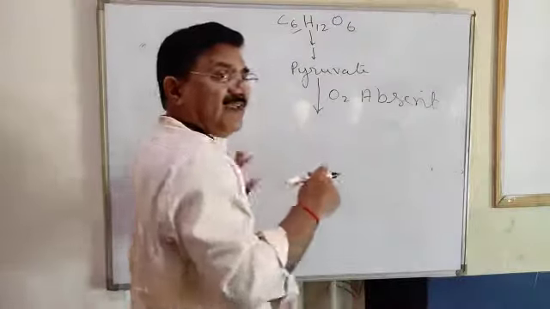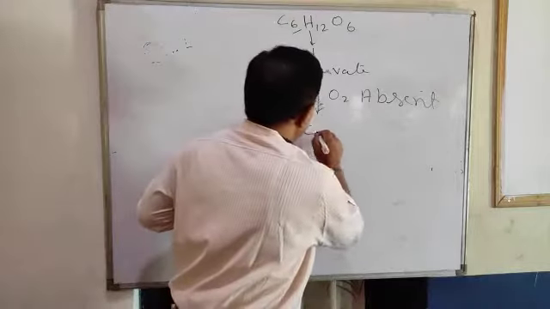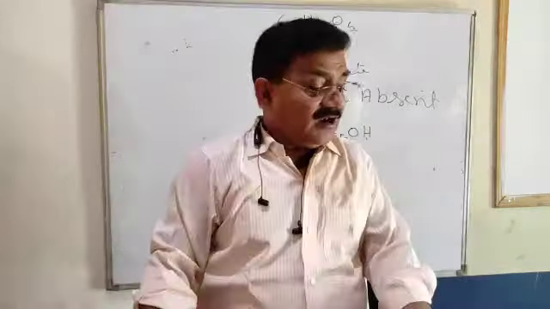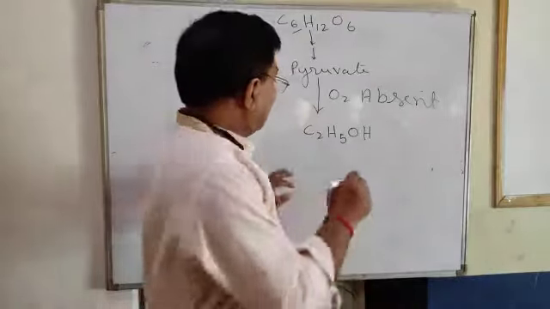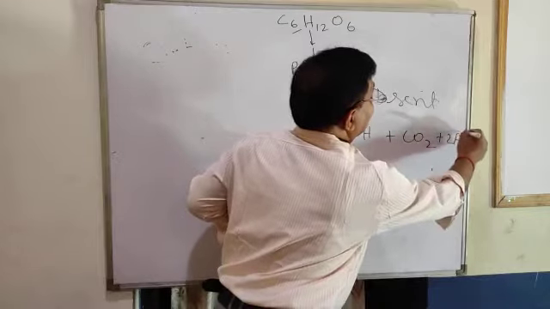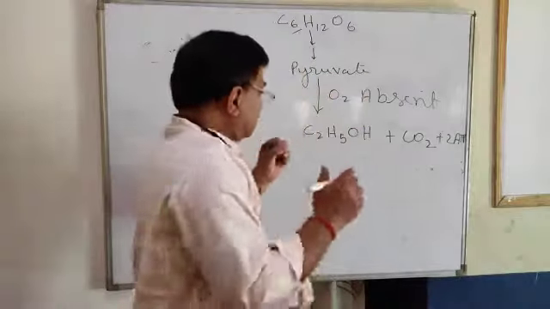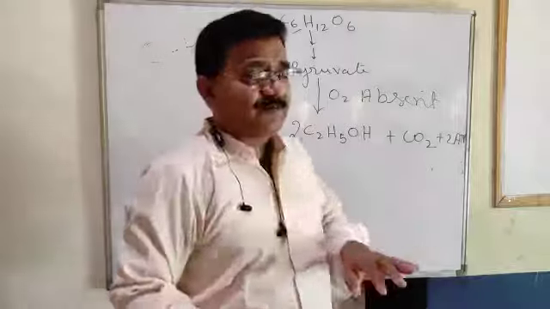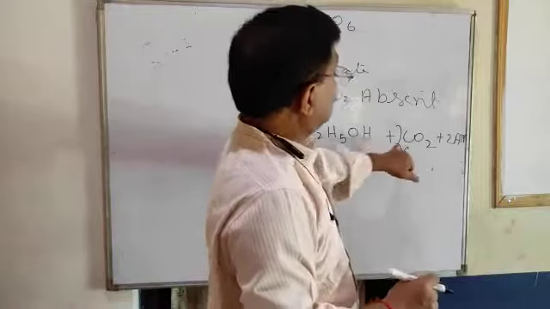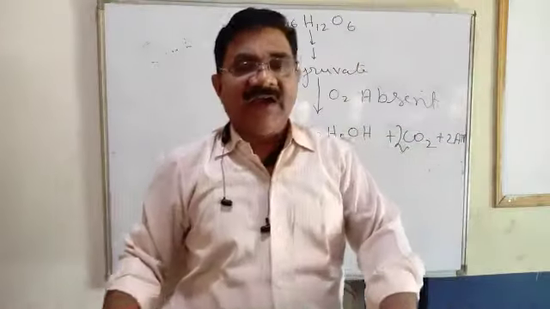The IUPAC name in chemistry you will read is ethanol, C2H5OH, plus carbon dioxide and plus 2 ATP energy, meaning less amount of energy is released. 2 molecules of ethanol are produced and 2 molecules of carbon dioxide are released. 2, 2 and 2: 2 ethanol, 2 carbon dioxide, 2 ATP energy.